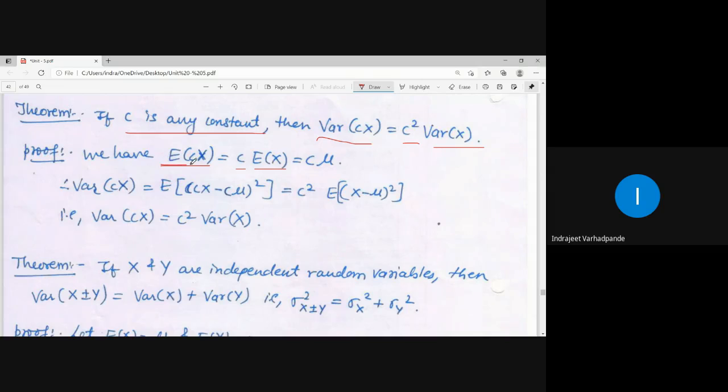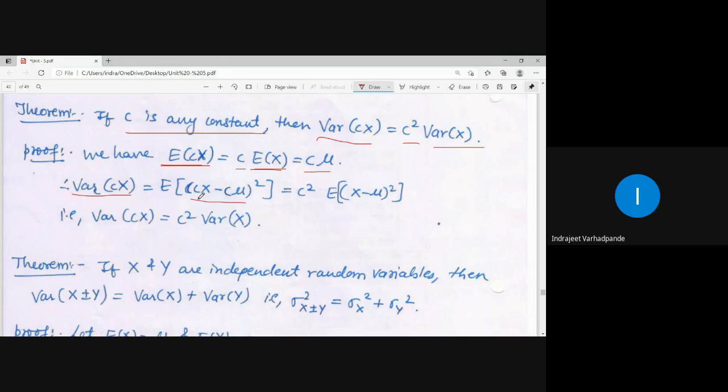So expectation of cx is c into expectation of x, which is c into mu. Now what is var x? Var x means expectation of x minus mu whole square. Now whose variance do we have to take? Of cx. So expectation of cx minus c mu whole square is equal to x minus mu whole square, that is, whoever's variance it is, c gets attached to it.